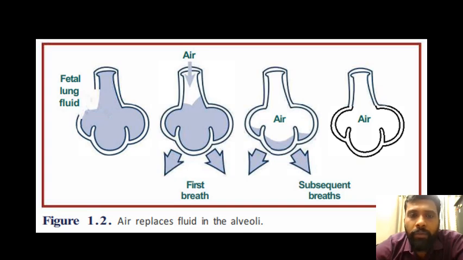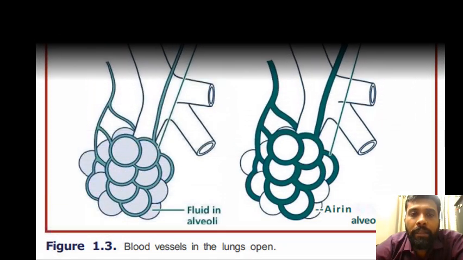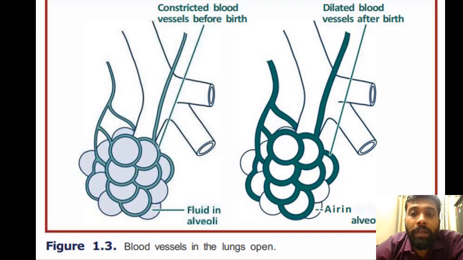So then what happens? Then this happens. There is vasoconstriction. Initially the pulmonary vessels are constricted when the alveoli have fluid inside.